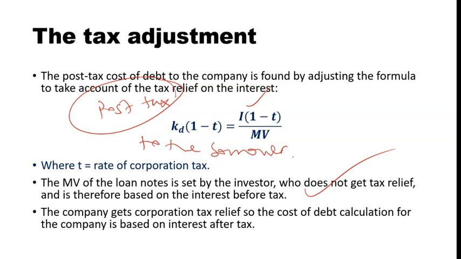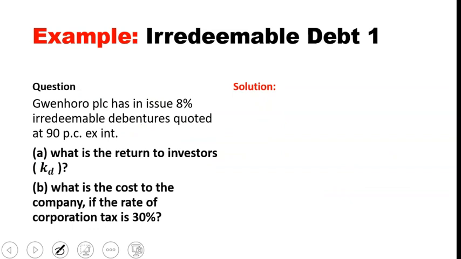All right, so according to them, KD is a pre-tax rate because they don't enjoy any tax benefit, so there's no tax adjustment to their rate. The company gets corporation tax relief, so the cost of debt calculation for the company is based on interest after tax. All right, that being said, let us do this particular example.